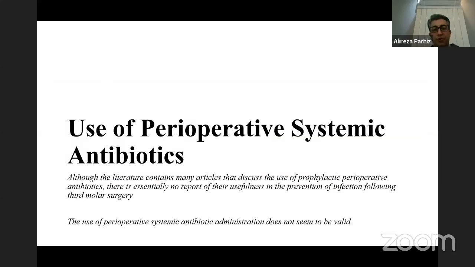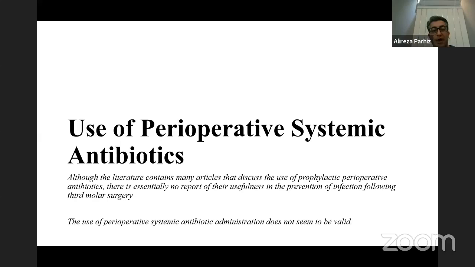Okay, before we go to see a video about the third molar surgery, I want to say that there are different opinions about preoperative systemic antibiotic administration for the patient. Some believe that prophylactic administration of antibiotics is very useful in the surgery of the third molar, but other articles believe that it's not useful.